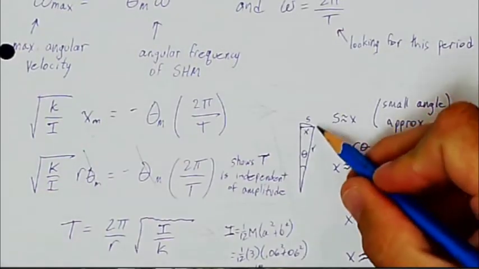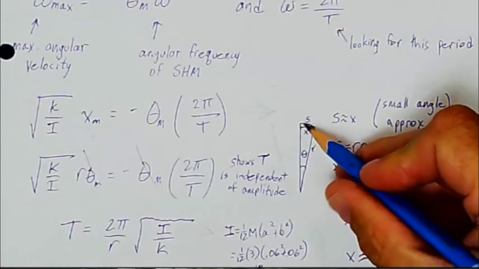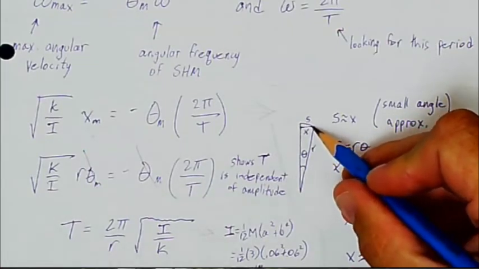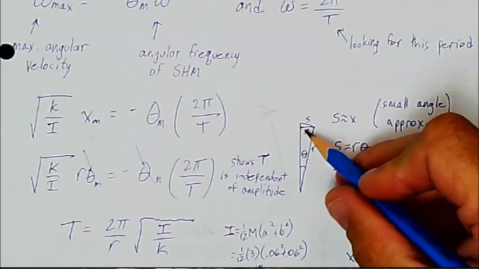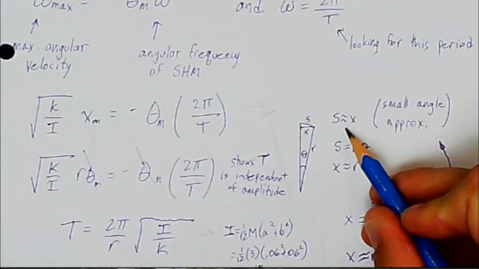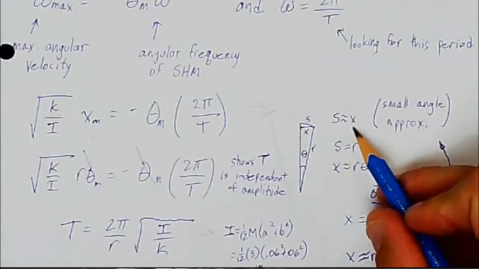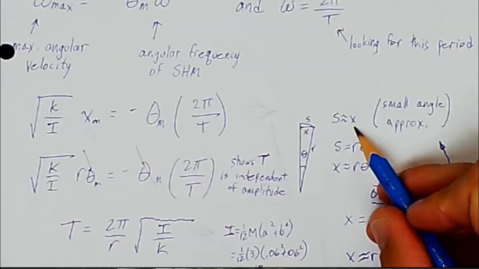You can say, yes, that is an arc length, but it's such a small angle that the arc length is really just about the same as the straight line distance. So s, the arc length, is approximately equal to x, the stretch of the spring.